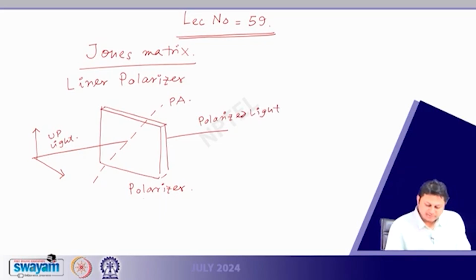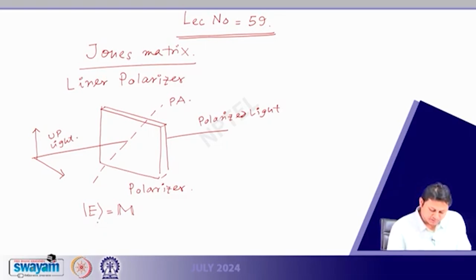And this polarizer can be defined by a matrix, and that matrix is our Jones matrix. Also the linearly polarized light it produces can be represented in matrix form, forming a vector. If this is the E, that is the light we are getting at the output, this is a specific notation we call Dirac notation.